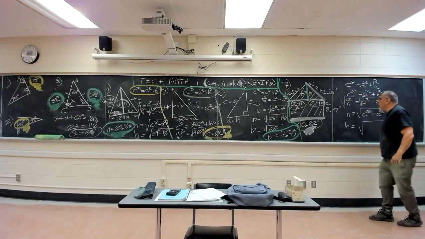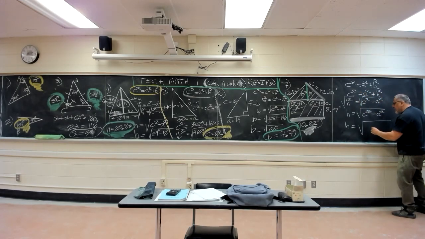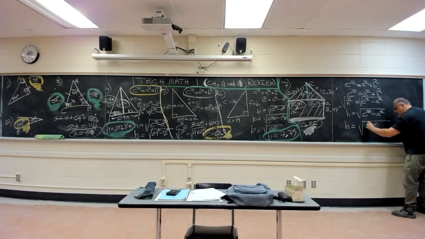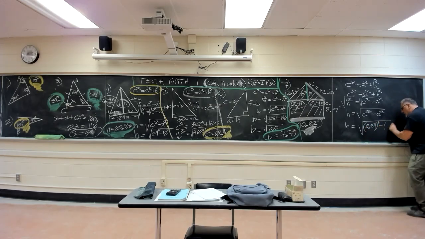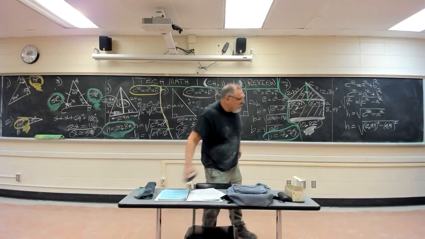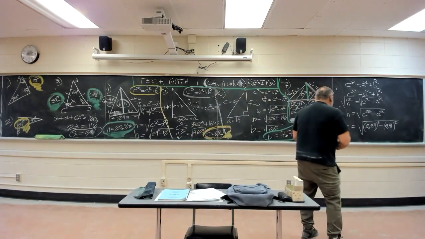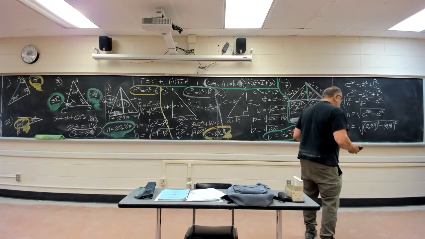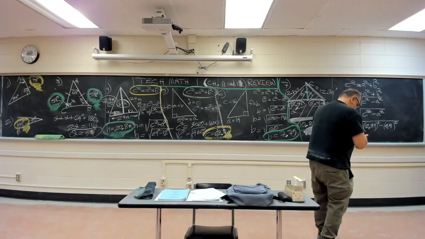We got 12.84, that's the c, and that's going to be squared, minus 5.41, that's going to be squared. Okay, it's a little bit of a mess, and we got to be careful. But I think once we got the h, it's clear sailing. It'll be pretty quick. We're done in a couple minutes. Let's have a look.